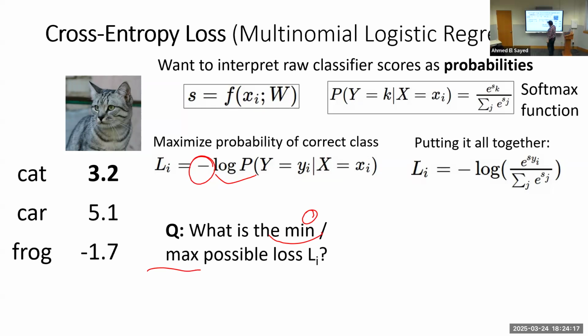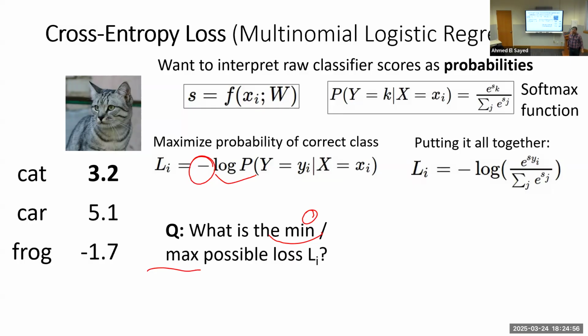What if the y is 0? In this case, what is the value of the loss? Meaning the score that I'm receiving here for the cat will be almost 0, or very small, tiny compared to the others. What will be the loss function in this case? What is it? Log 0 is undefined?